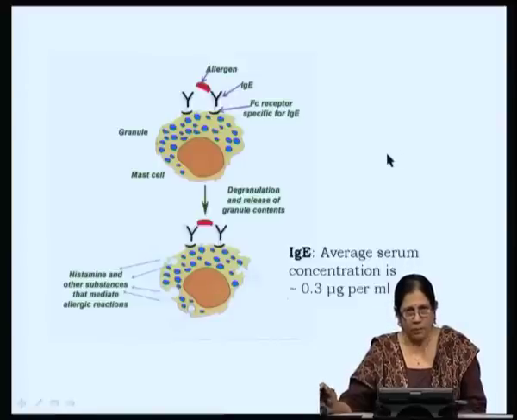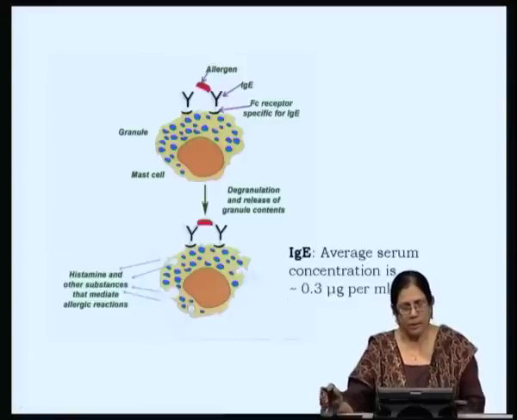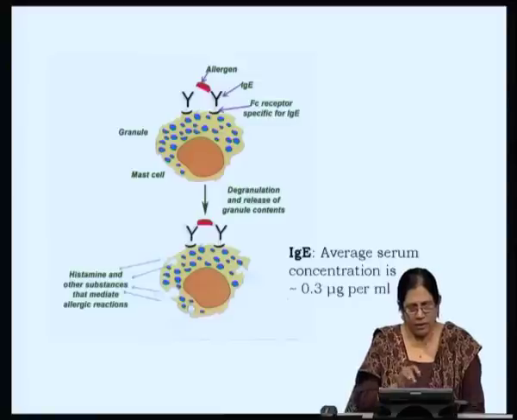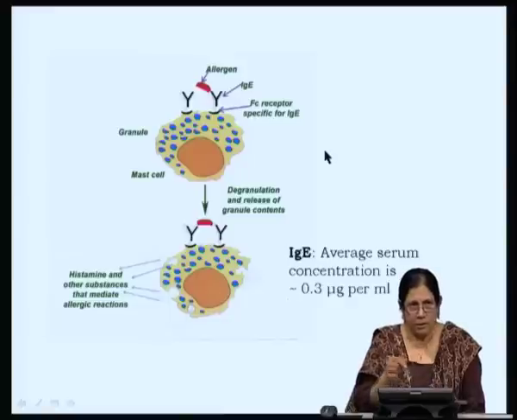Let us talk now about IgE. When we think about IgE, we always think in terms of the hypersensitivity reaction that IgE mediates. Now, that is a separate lecture, but let us look at IgE which is secreted into the blood.